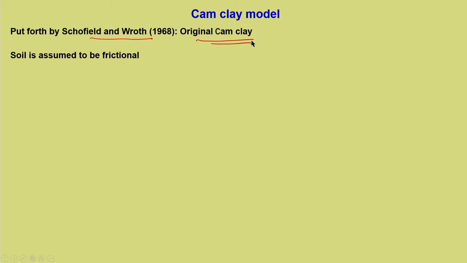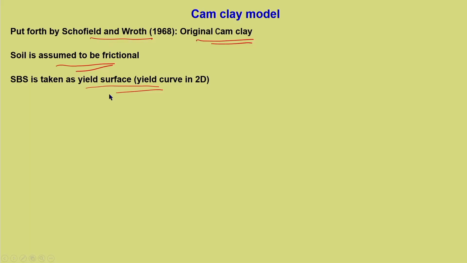Soil is assumed to be frictional. The soil state boundary surface is taken as the yield surface, or the yield curve in 2 dimensions. It is very easy for us to understand this particular concept. It is a bound which we have seen, and that can be used for defining the boundary. Plastic hardening is related to plastic volumetric strain.